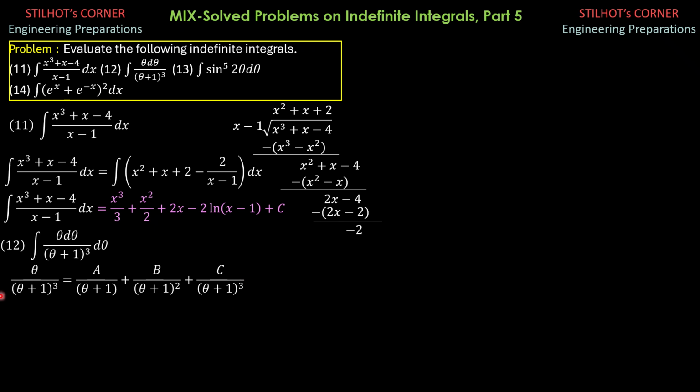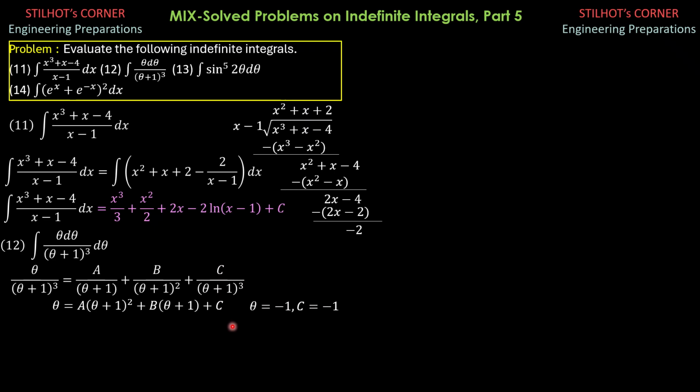Multiply everything by the least common denominator, which is theta plus 1 cube. Then we have theta equals A times theta plus 1 square plus B times theta plus 1 plus C. So setting theta equals negative 1, we get C equals negative 1.